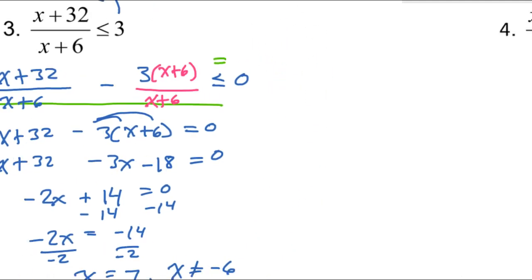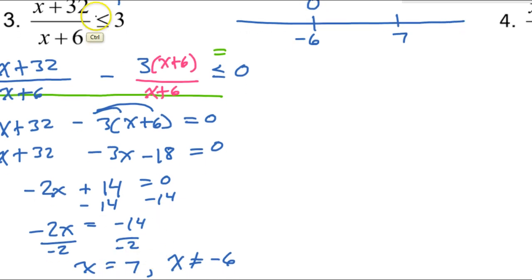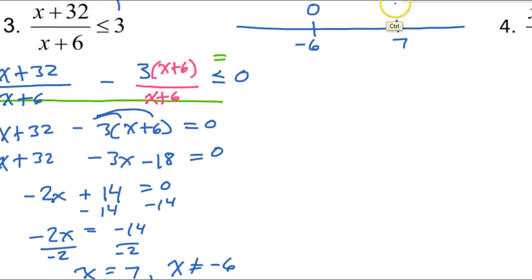Alright, so here comes my number line, with negative 6 and 7. The illegal values will always be open circles. So I'm going to have an open circle at negative 6. The other value depends on whether or not it's or equal to. Because this is less than or equal to, the 7 should be a closed circle.